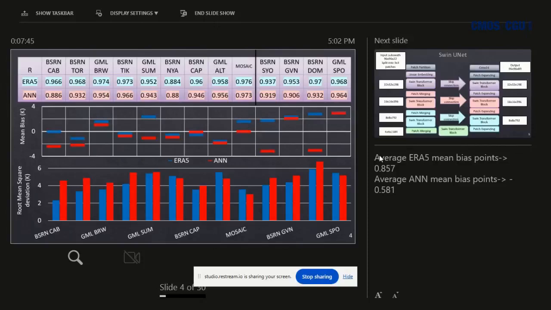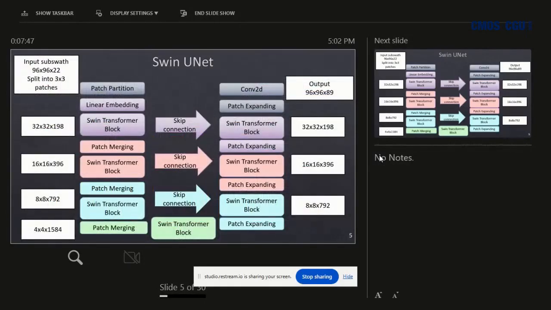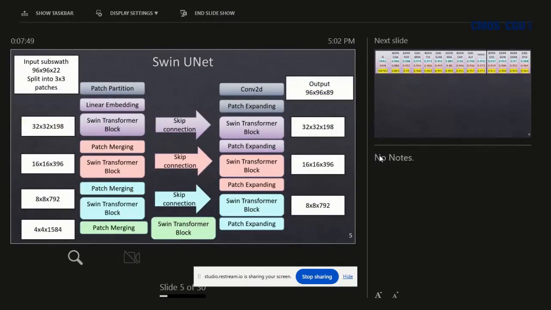So yeah, moving on to the image retrieval. The architecture that I'm presenting here is the SWIN UNet. I also tried a typical UNet and then just a SWIN transformer without skip connections, but the SWIN UNet performed the best, so that's the model that I'm presenting. We already saw a UNet presentation in this talk, so I'm not going to go through a lot of detail, but it's basically the same idea.